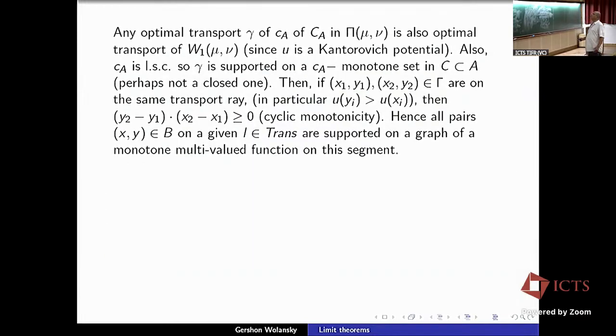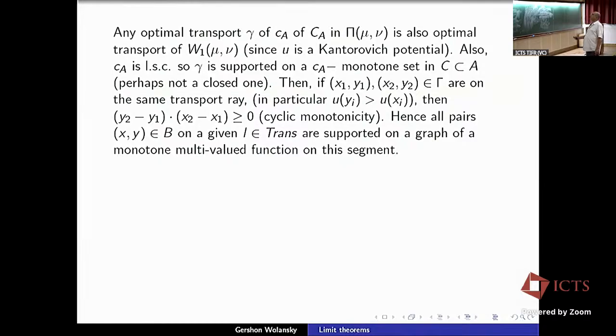So if we look now at the gamma which is optimal with respect to this cost CA, in particular this is optimal for W1, because as we said, it's the Kantorovich potential. And also CA is lower semi-continuous, so gamma is supported in a CA-monotone set containing A. Maybe not closed, because CA is not continuous.